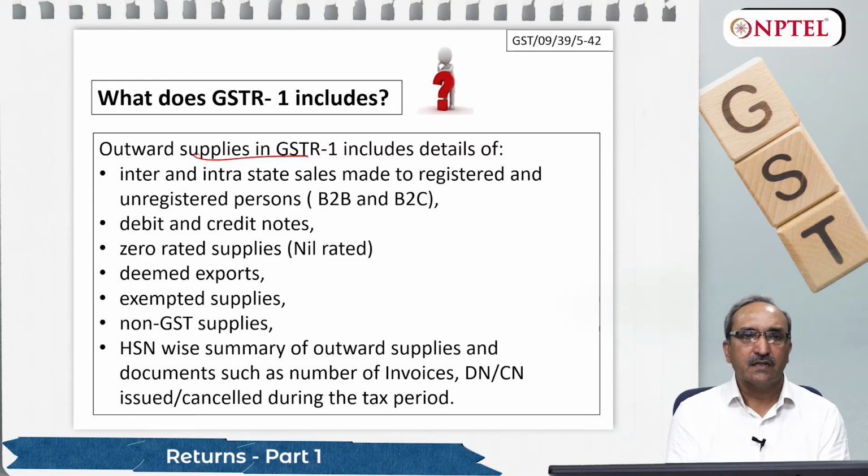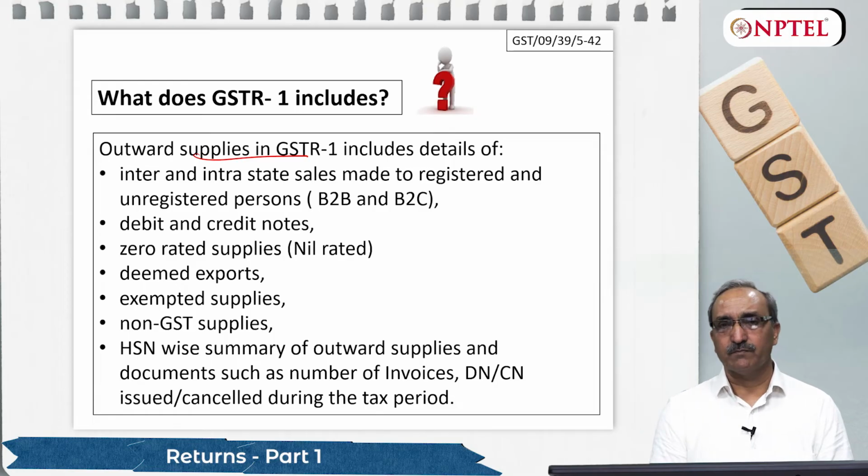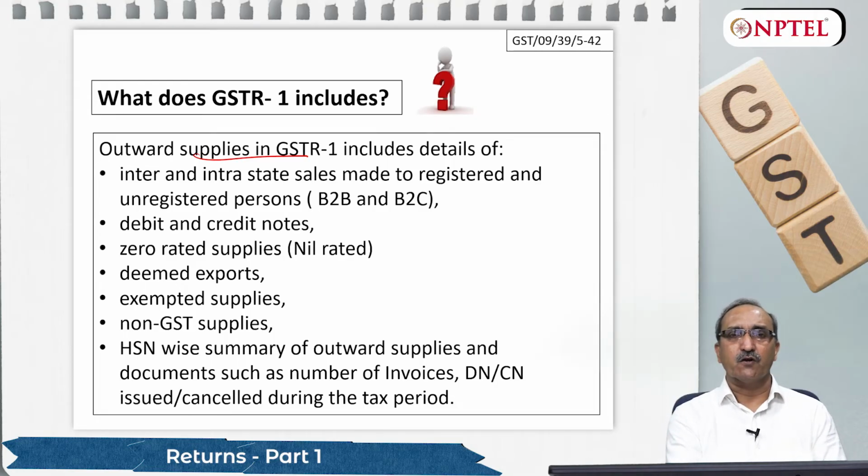Then deemed export. Sometimes, as I told you, business transactions are very complex nowadays. So if zero rated supply is there, there is another supply that is deemed export. So what does deemed export mean? I am a manufacturer, I am selling some goods to a particular party and he is a merchant exporter.